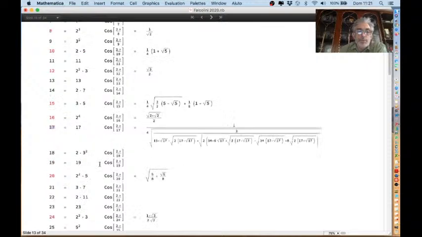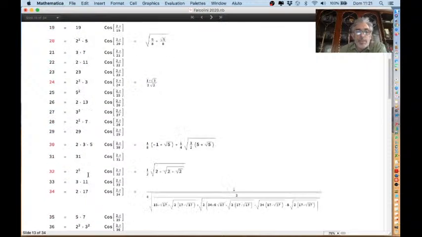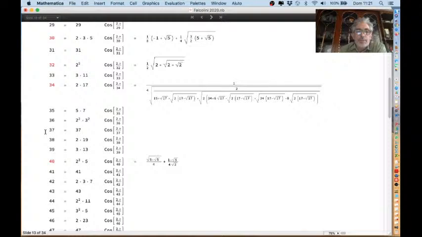So if we go further, 34, the problem has a solution because 34 is twice 17, and 17 had already a solution.